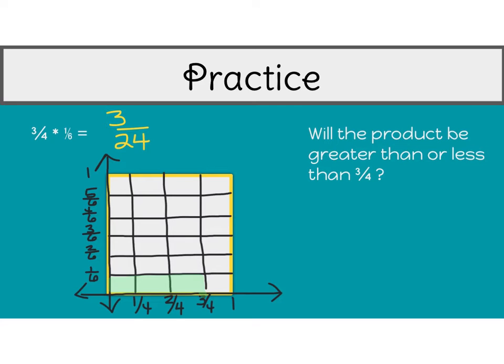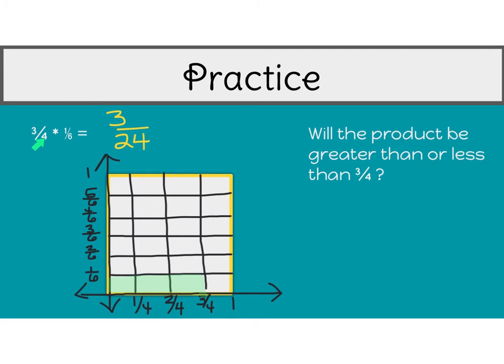And we have 3 parts of that shaded out of a total of 24. So this does match with our problem here, 3/24 for an answer. So this would be the area model to represent this same problem.